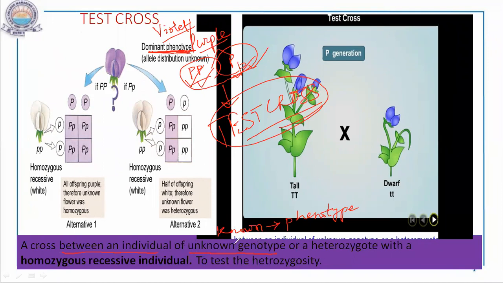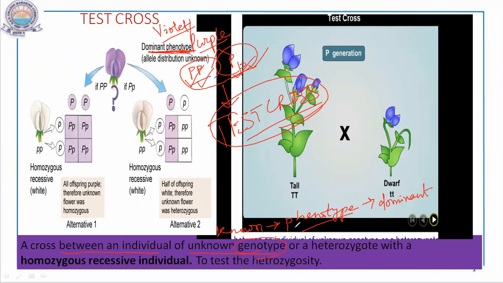So, could you follow now? I do not know the genotype, but I know the phenotype. And I know that this phenotype is dominant or recessive? Dominant. Good. So the phenotype is dominant.